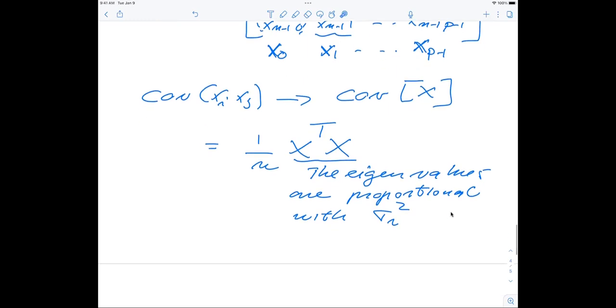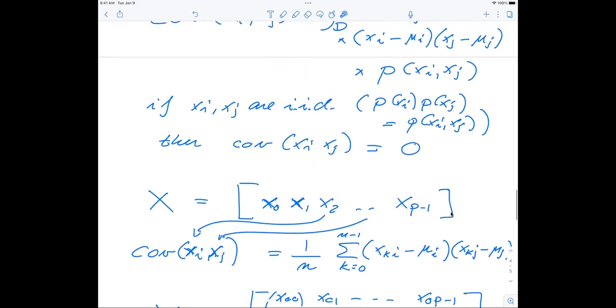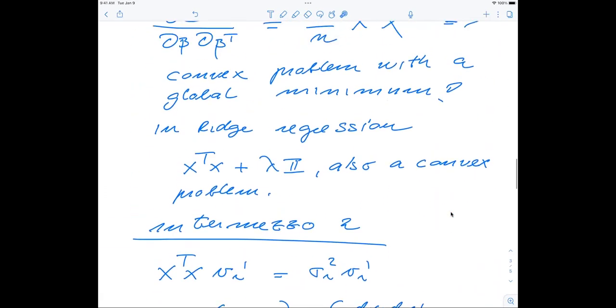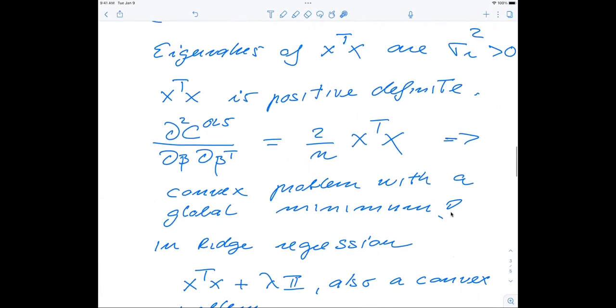So this was a digression. But you see now that if you have done a singular value decomposition, you have immediately a proof that your design matrix is positive definite. And if you're dealing with ordinary least squares or ridge regression, you know that there is a global minimum.